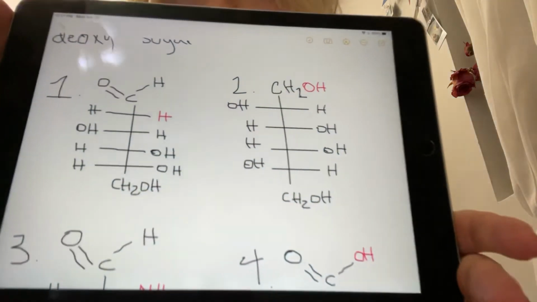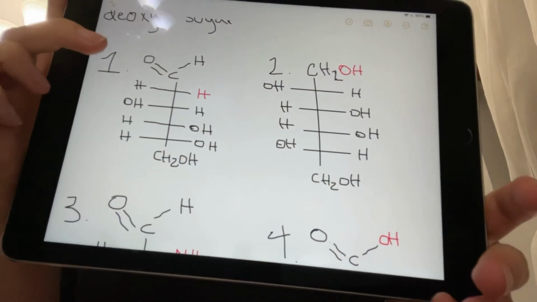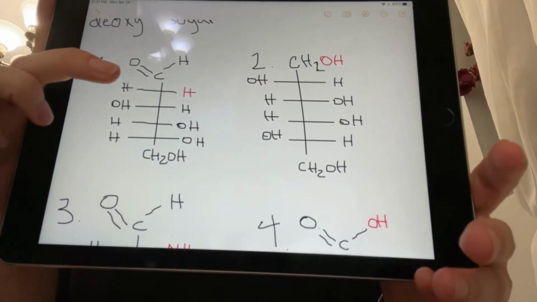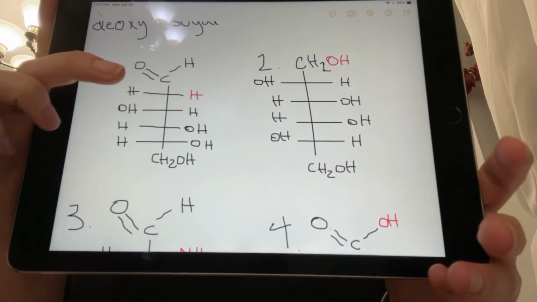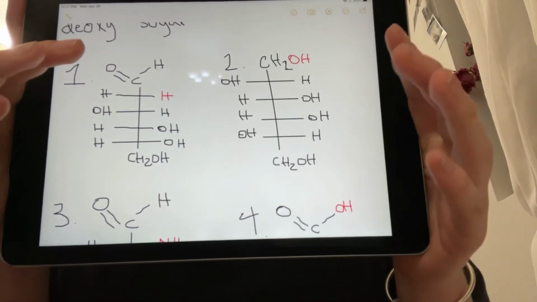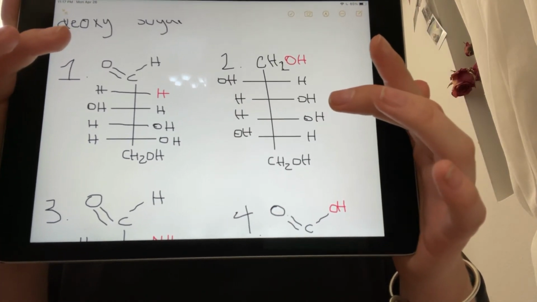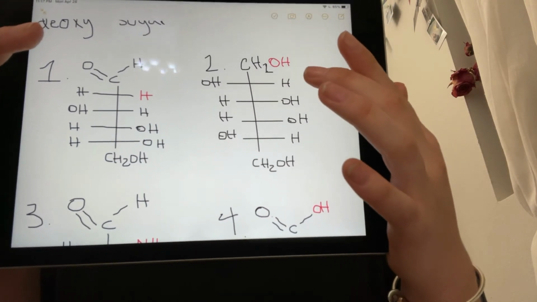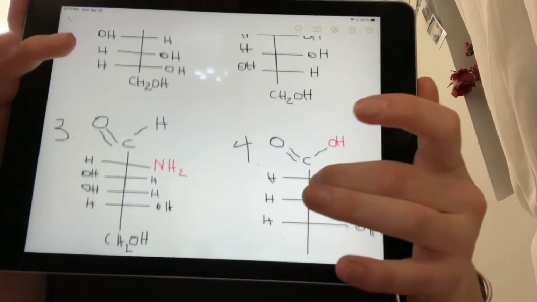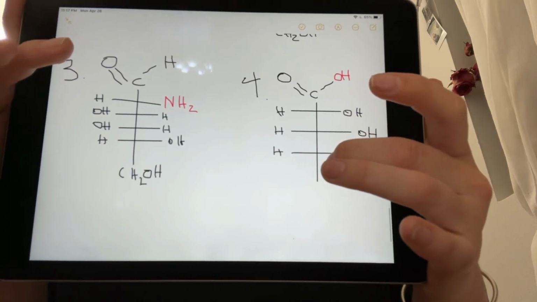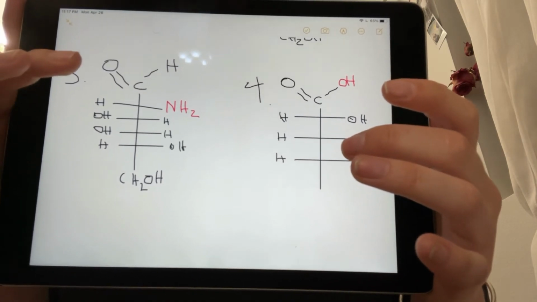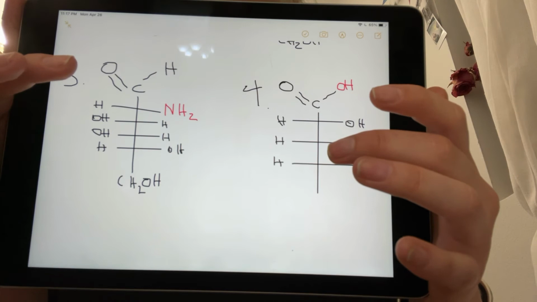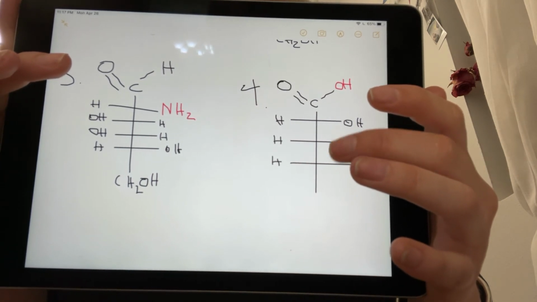For answer number 1, we have a deoxy sugar, because instead of having a hydroxyl group, there is an H atom instead. For number 2, instead of having a carbonyl group, now there is a hydroxyl group instead, so it is an alcohol sugar. For number 3, there is now an amino group replacing the hydroxyl group, making it an amino sugar.